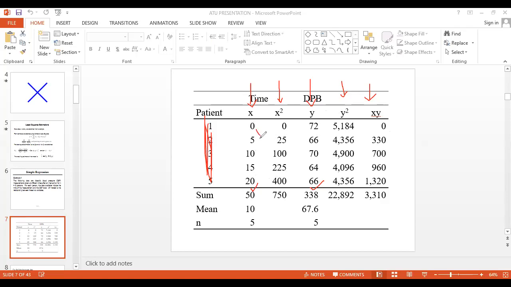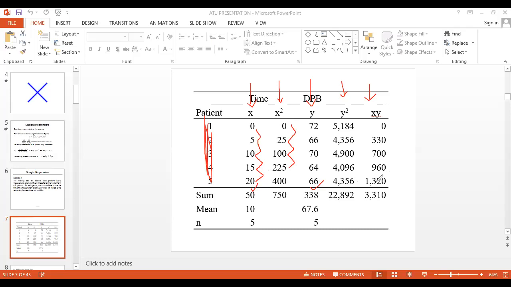So 0 plus 5 is 5, plus 10 is 15, plus 15 is 30, plus 20 is 50. Then 0 plus 25, 25 plus 100, 125, plus 225 will be 350, plus 400 will be 750. Then sum your Y, sum your Y squared, and sum your XY.